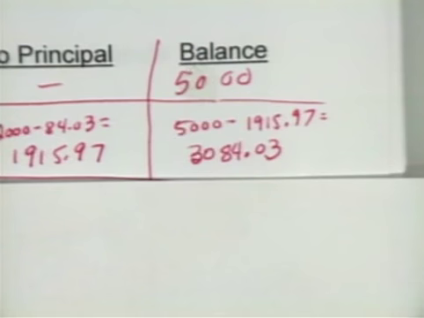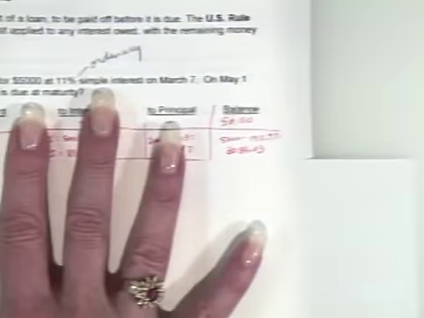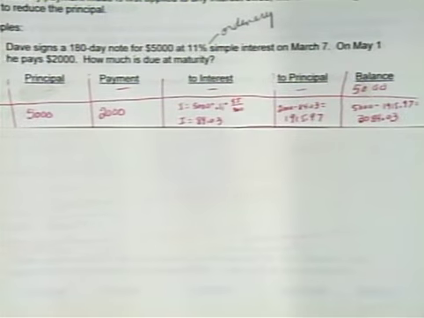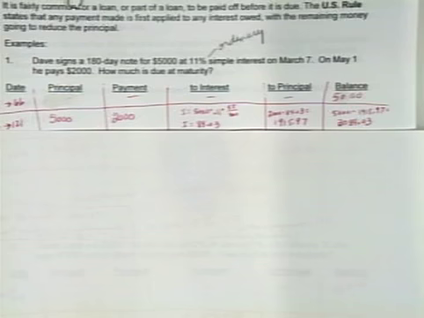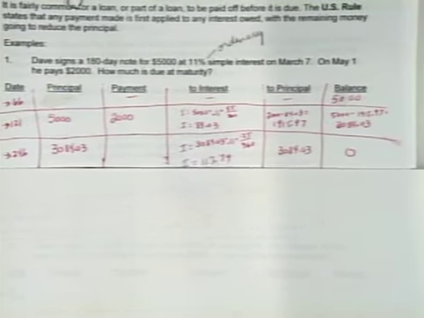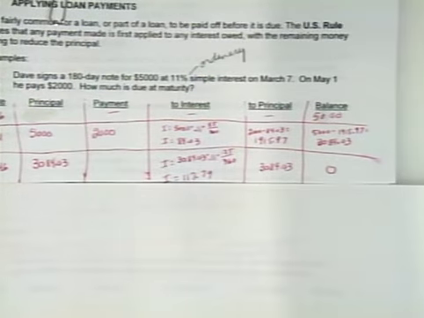How much does he owe at maturity? This one's a complicated one. Let me wide back out again and let's think about it. Well, first of all, how many more days of interest does he owe? He owes 125 more days worth of interest.